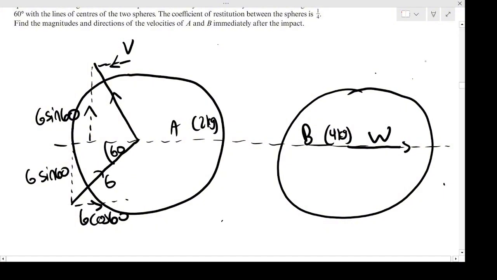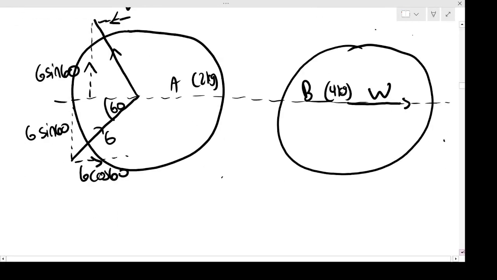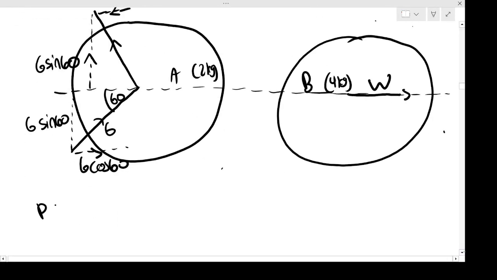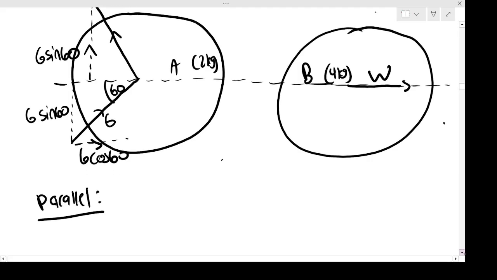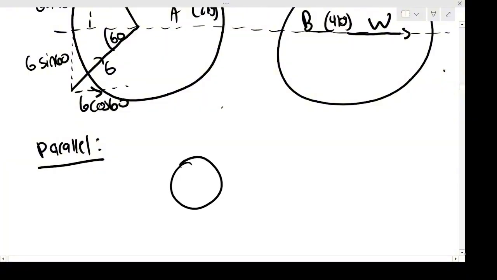Okay, so now if I consider my parallel parts, I'm going to draw the diagram in 1D. So I have my spheres here, A and B. A has mass 2 and B has mass 4.